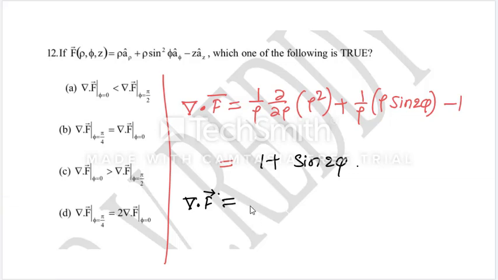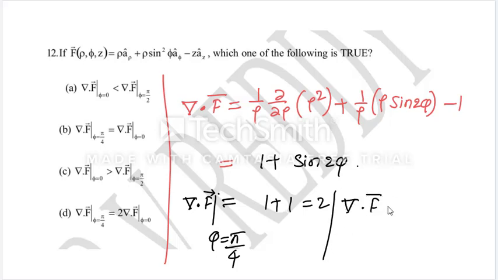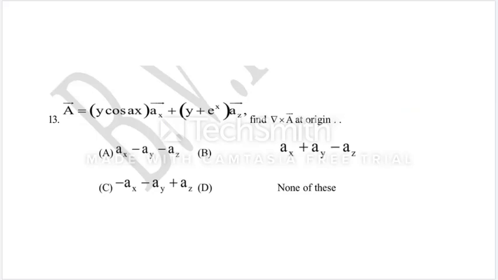Yes, so this del dot f when phi is equal to pi by 4, how much it is? That is 1 plus 1 now. This is 2. And del dot f at phi is equal to 0, how much it is? 1 now. And which will be satisfied? This is 2 times of this value now. So option D.